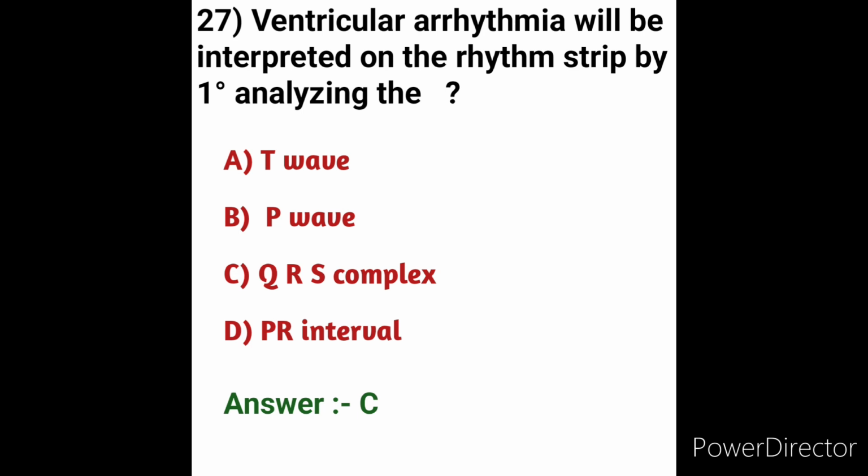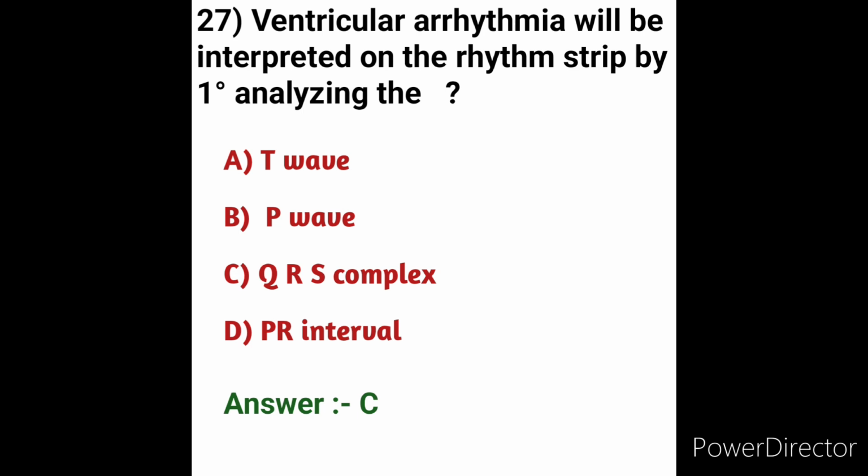Ventricular arrhythmias are abnormal heart rhythms that make the lower chambers of the heart twitch instead of pump, meaning the decreased blood supply to the lower chambers of the heart leads to abnormal rhythms. So here the QRS complex is the analyzing strip for the abnormal rhythm. QRS complex, option C is the correct answer.